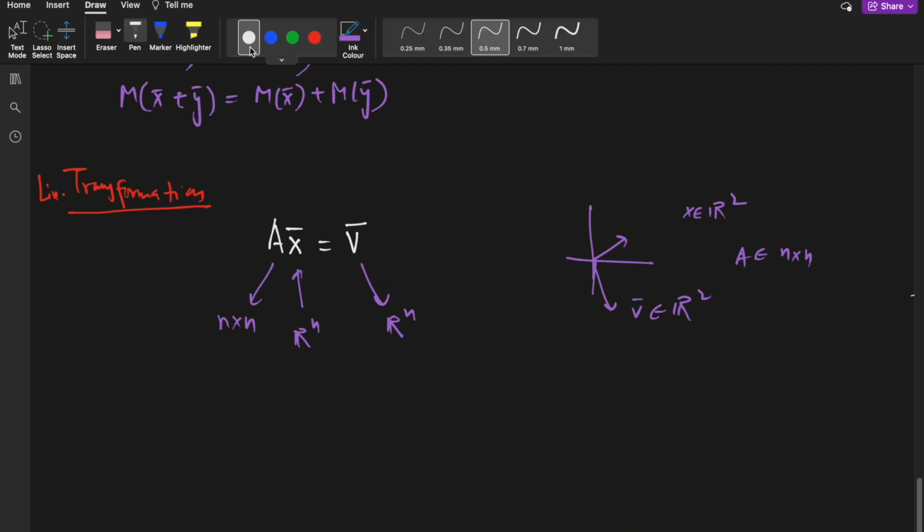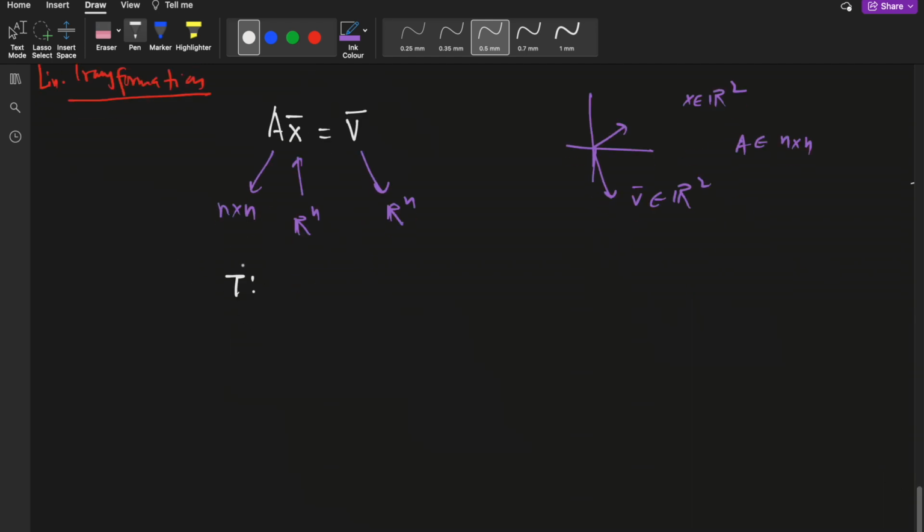Right? So in compact form, this is the crux, the summary of this entire lecture, what I am doing right now: T is, in this particular case, a linear transformation from Rn to Rn. By the way, it could be from Rn to Rm. This n need not be the same.